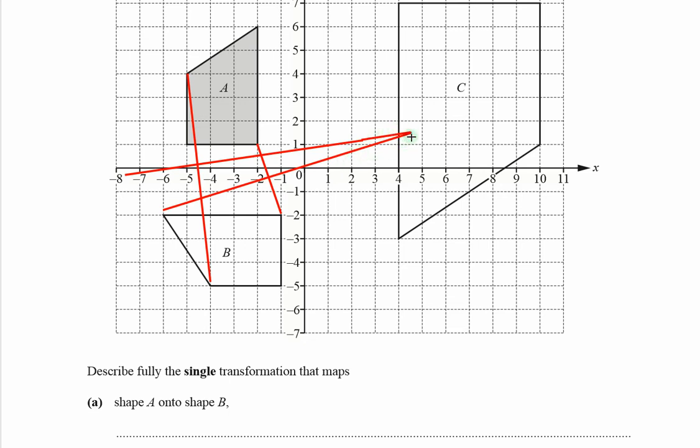Now if this is the center of rotation, what we have to do is verify it by the number of spaces. Okay, now let's do the counting. This is just an estimation. It could be this point.